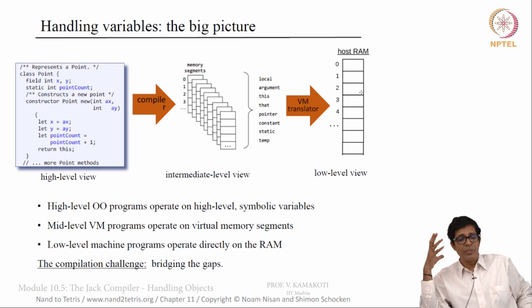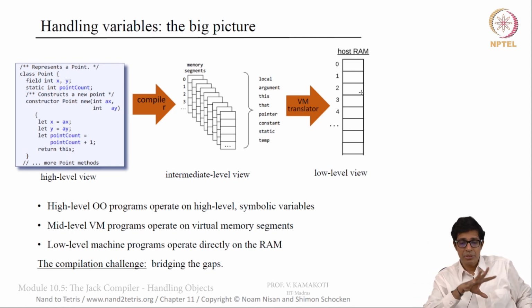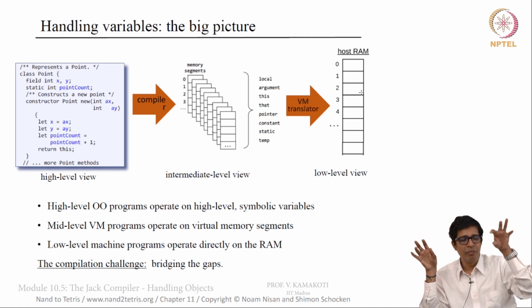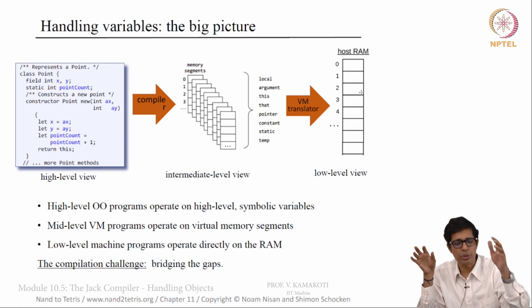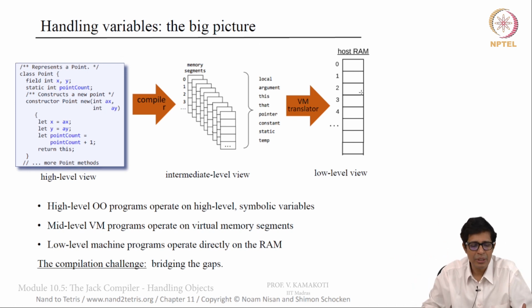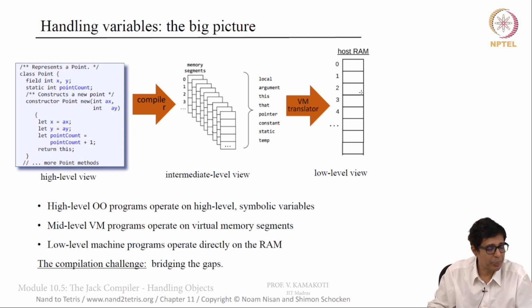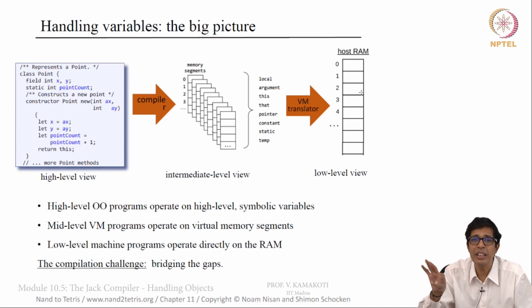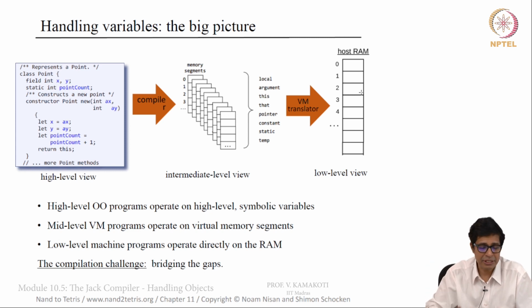So, we have seen this memory map when we were discussing the VM and also the assembly. Now, this is the overall picture, from the leftmost side to the rightmost side, of how the entire variables of an object need to be handled. We use all these segments to map onto the variables of the objects that you instantiate.